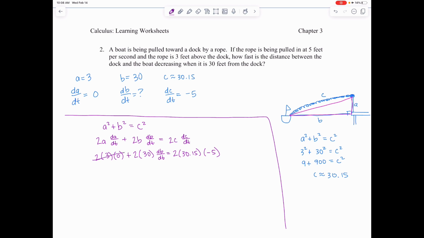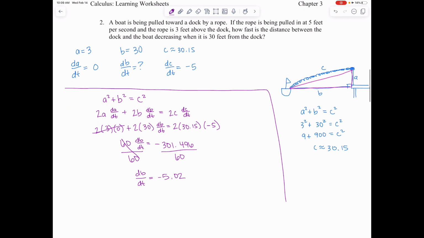This is all 0, so we've got 60 dB/dt equals, this multiplication will give us -301.496. And if we divide our 60 off, this will give us dB/dt of -5.02.